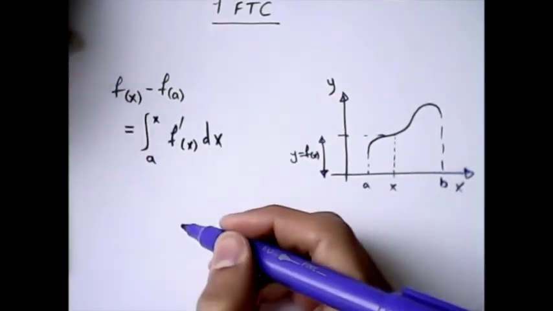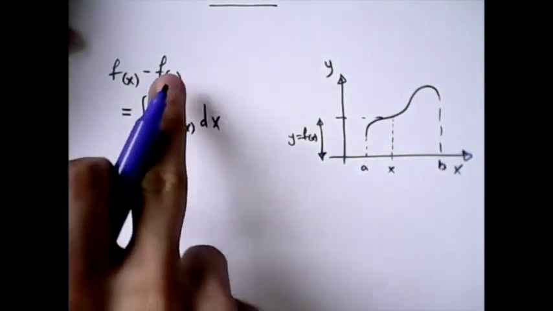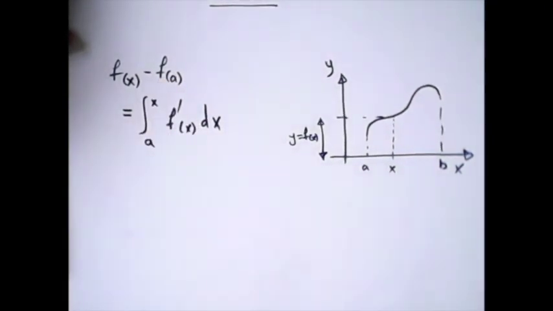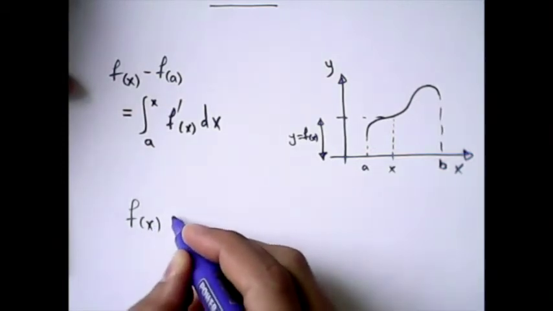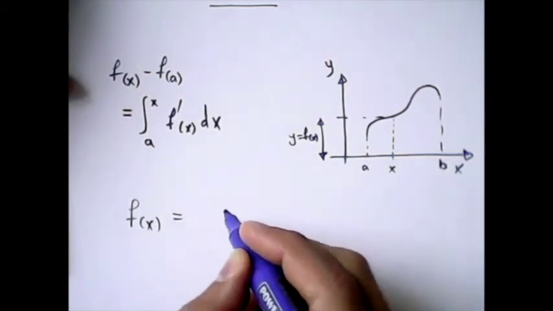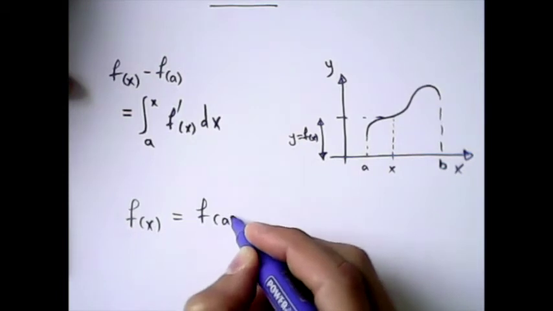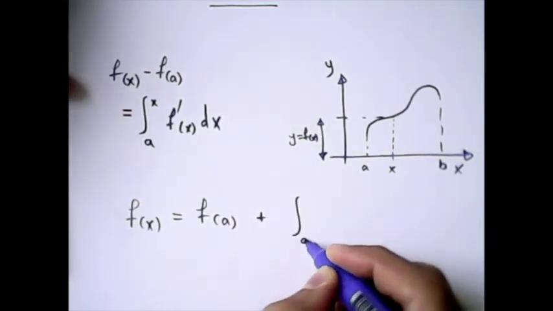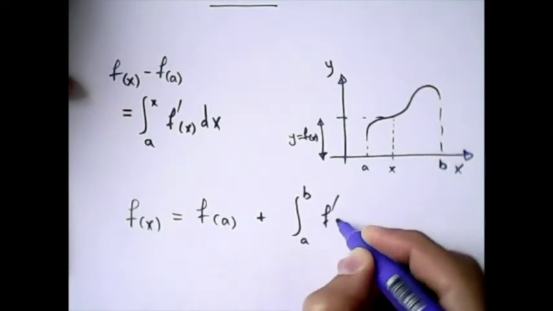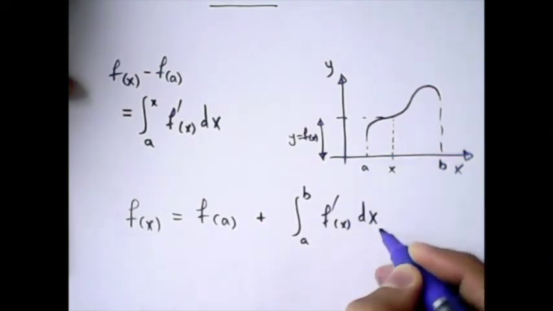Right? Let me rewrite this formula down here and taking f of a to the other side. So f of x is equal to f of a plus the integral from a to b of f prime of x dx.